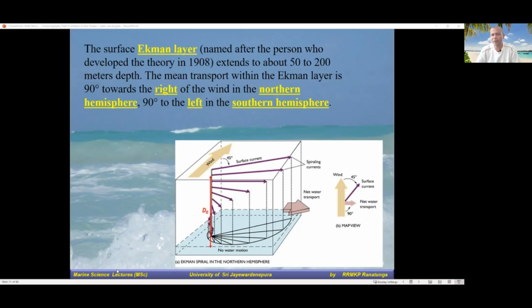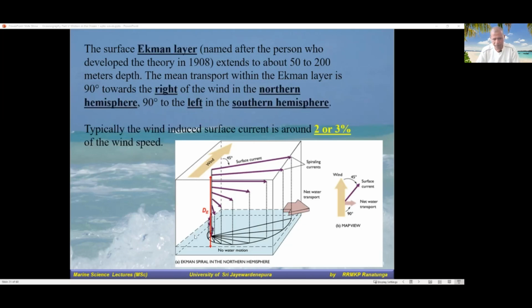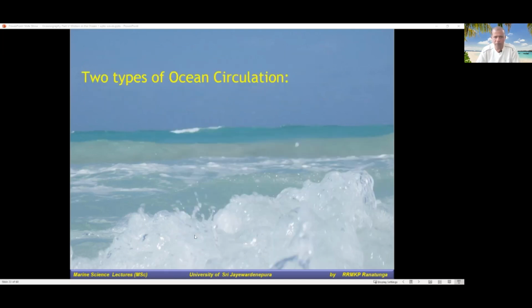If the Ekman spiral or Ekman concept is right, even the water movement can be in the opposite direction to where the wind is flowing, right. Mathematically, you can explain this by forming the vectors, right. So, let us move on.